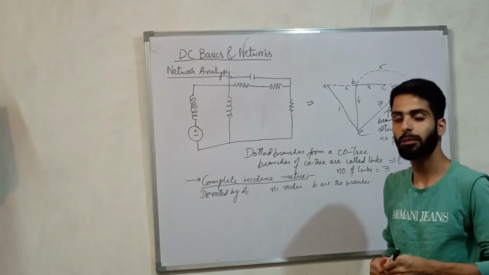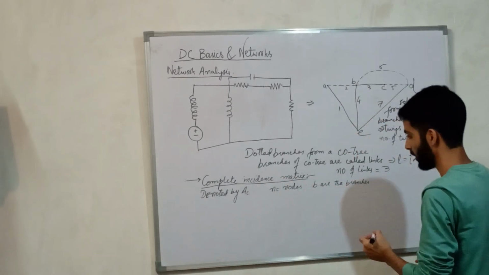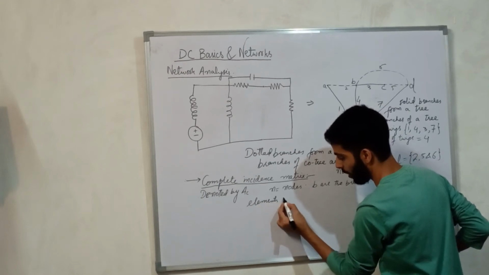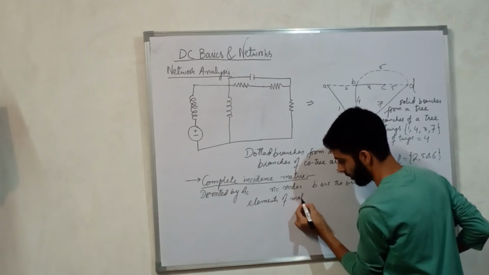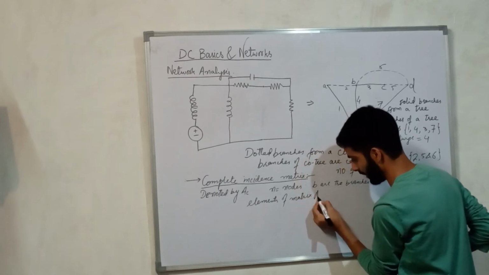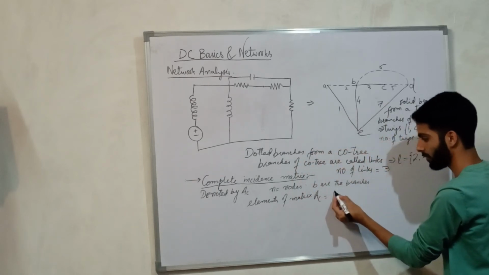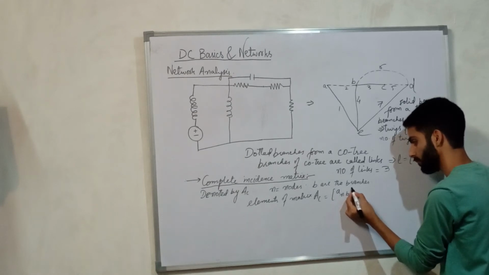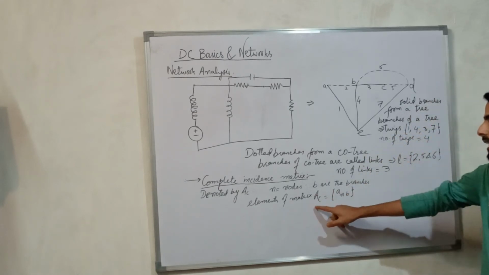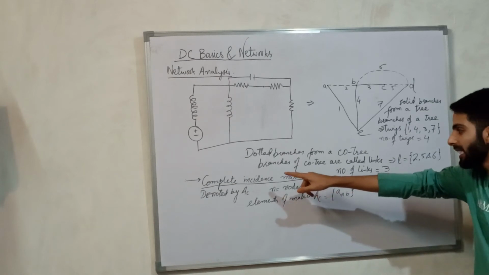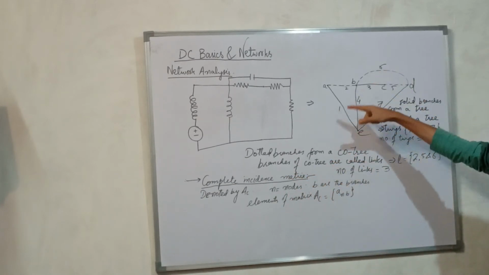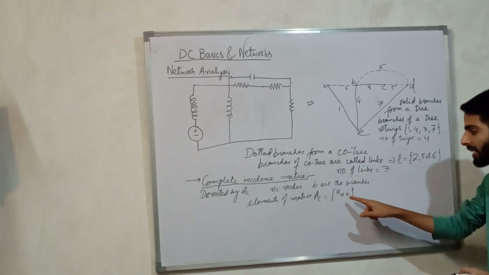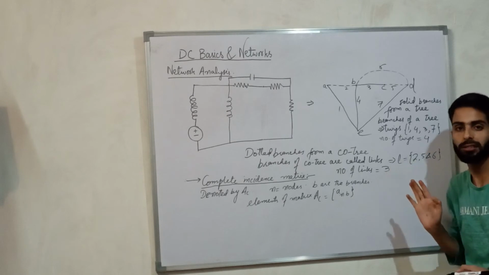So the elements of the matrix AC will be formed by a(n,b). Each element of this complete incidence matrix that we form from this graph will be a(n,b), where n is the number of nodes and b is the number of branches.